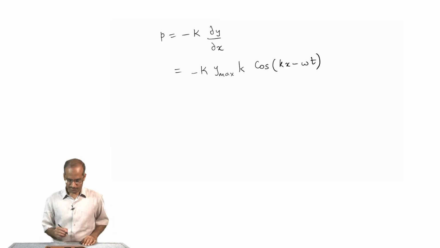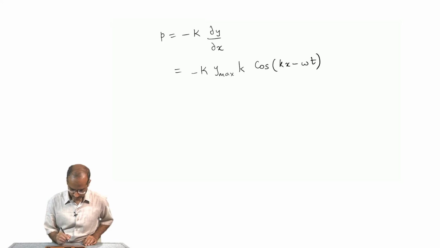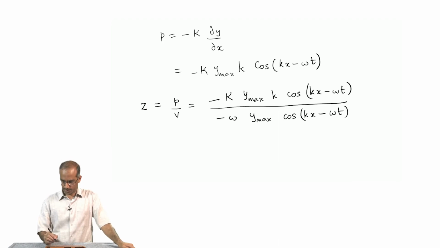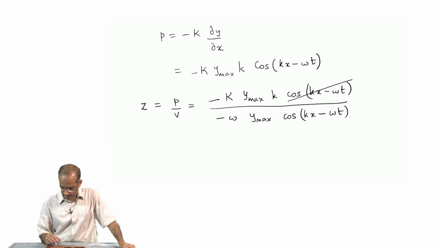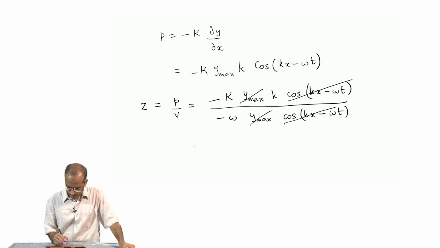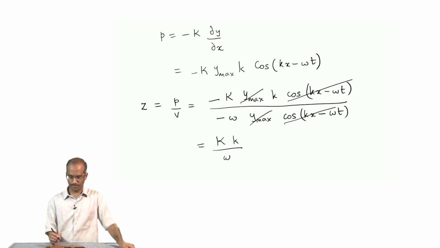So, I have the expression for P as well. Now I can straight away write specific acoustic impedance as P by v, where the cos function will cancel and y max also will cancel. That is going to leave me with capital K times small k divided by omega.